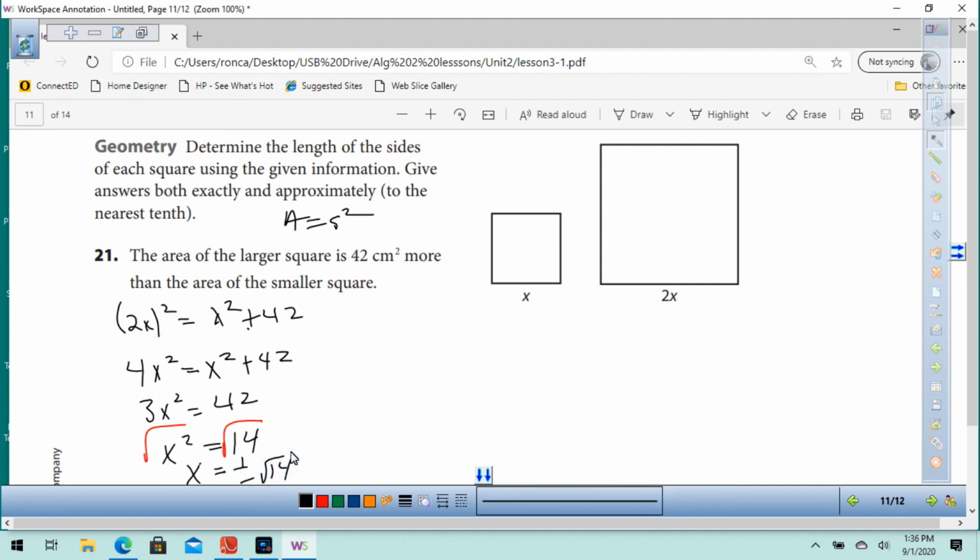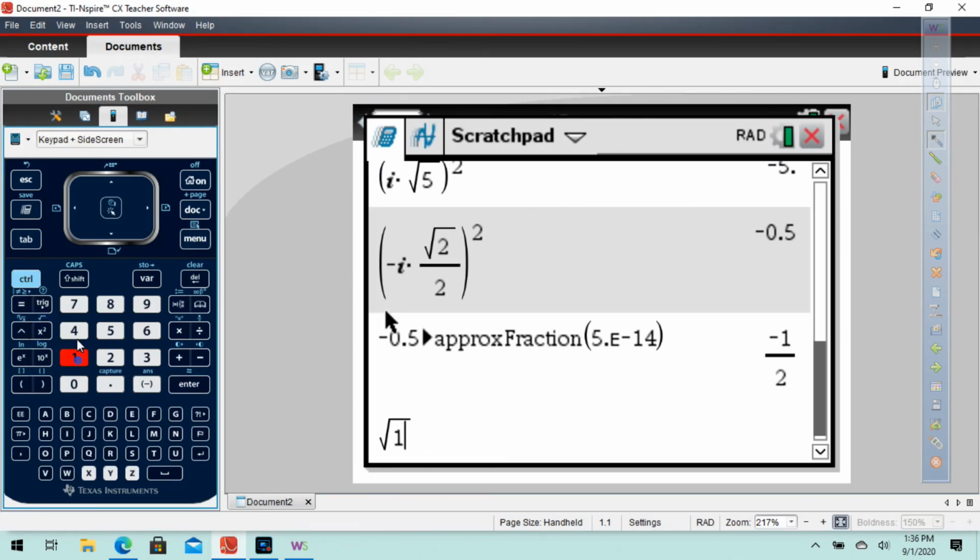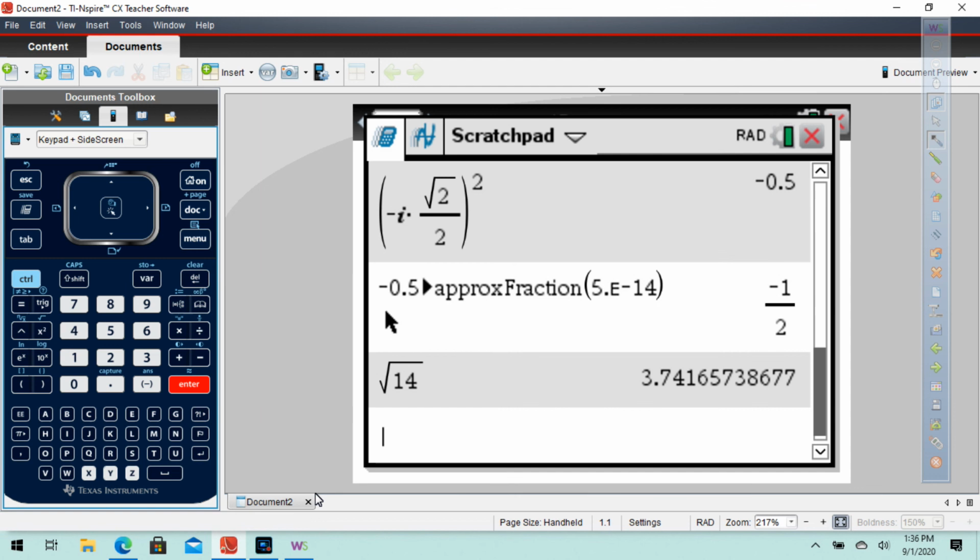Now think about it. Can you have a negative dimension? You cannot. So x really equals the square root of 14, which is approximately, let's get our calculator. The square root of 14 is 3.74, so we're just going to say 3.7.